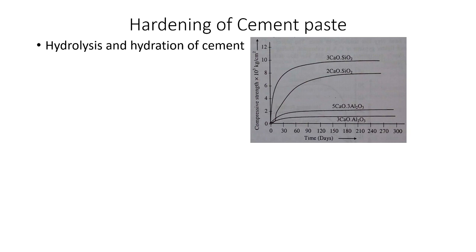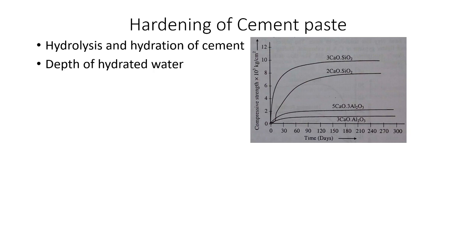C2S is a little less, then C3A has the least strength because it is quick setting. Quick setting exhibits low compressive strength, while slow setting exhibits higher compressive strength. The introduction of 50% of C3A is found to raise the strength of C3S up to 3. So this is all explained in this graphical form.